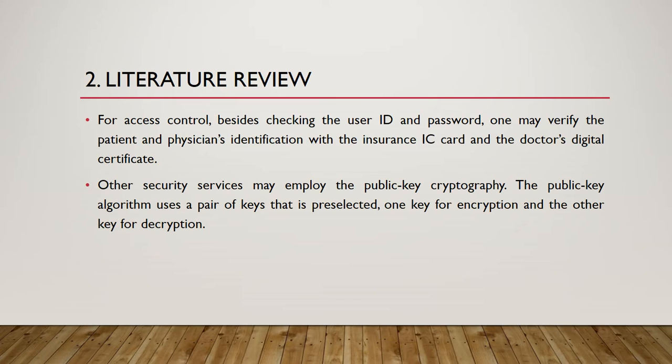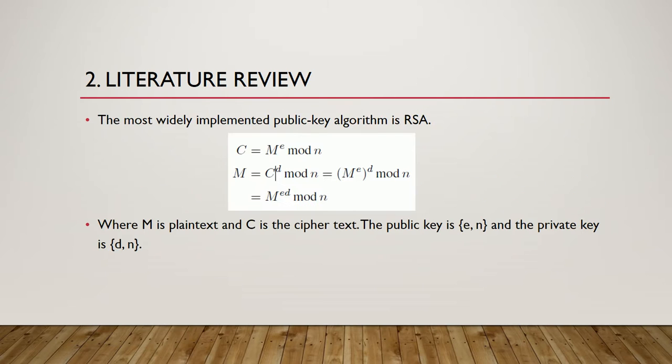The public key algorithm uses a pair of keys that is pre-selected, one key for encryption and the other key for decryption. The most widely implemented public key algorithm is the RSA algorithm. The equation of the algorithm is below. In the equation, M is the plain text and C is the ciphertext. The public key is e, n and the private key is d, n.